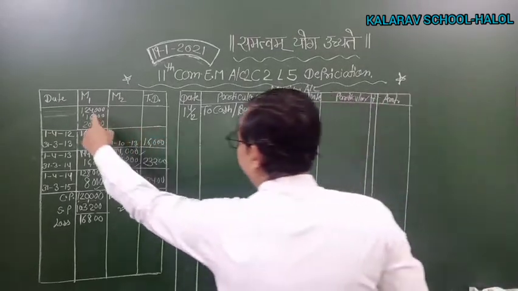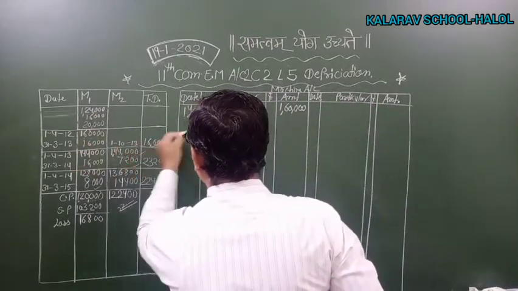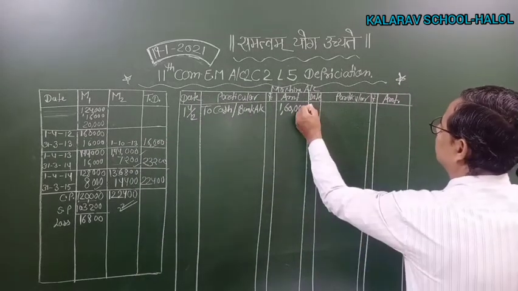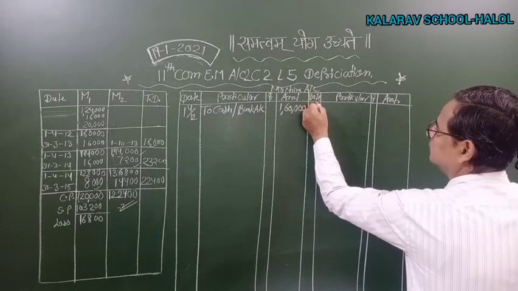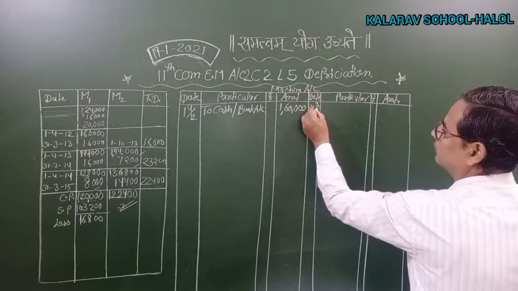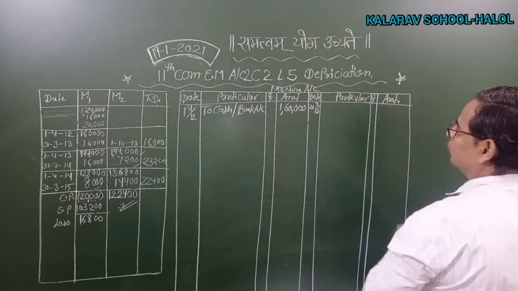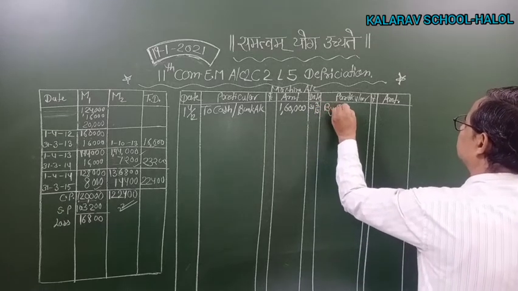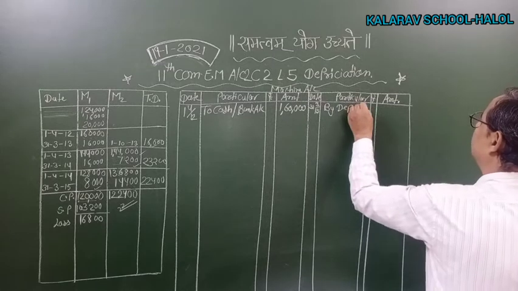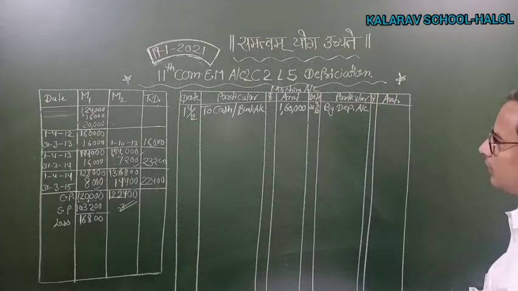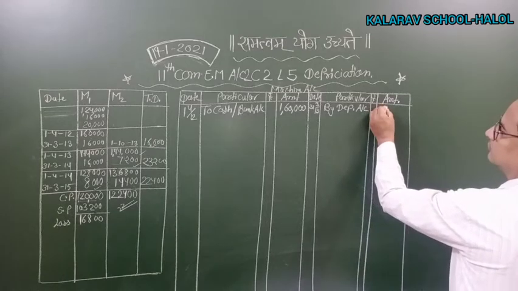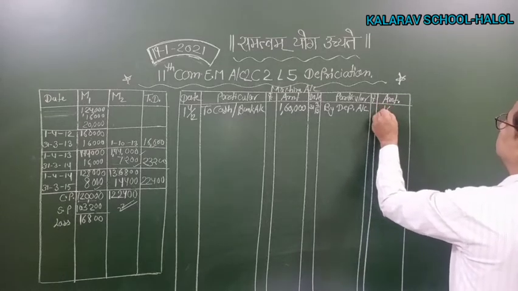Now in this year, what transaction has taken place? Only depreciation is this much. So in credit side, on 31st 3/13, okay, here I will write by depreciation account, and amount I will write here 16,000.